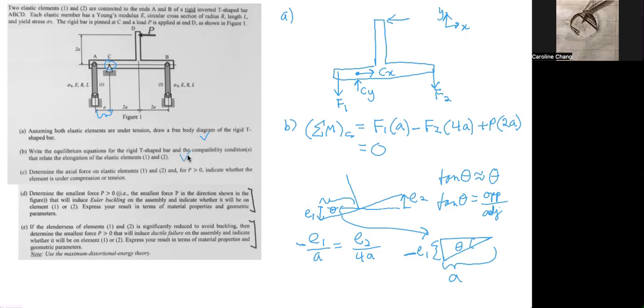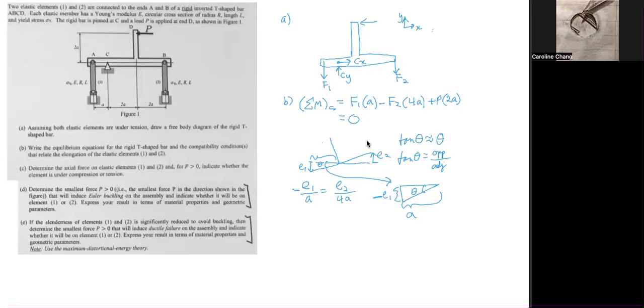So now we have to determine the axial force on elastic elements 1 and 2 for P is greater than 0 and indicate whether the element is under compression or tension. So now let's remember that our elongation equations are given by E1 generally is FL over EA, where L is the length, E is the Young's modulus, and A is the cross-sectional area of the beam.